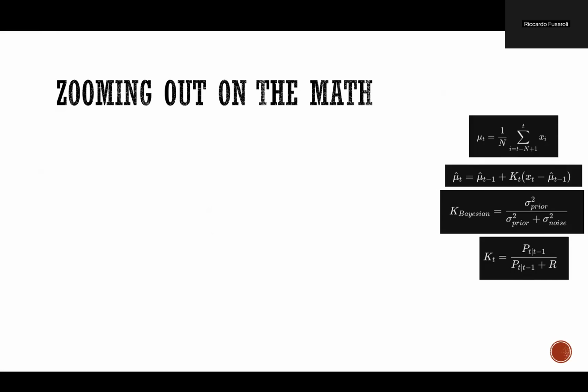If we look at the average, we do the sum of whatever the choice is, and we divide it by n, how many choices there have been so far. If we do a moving average, we basically use the same thing, but we say, we're going to use 7 choices.